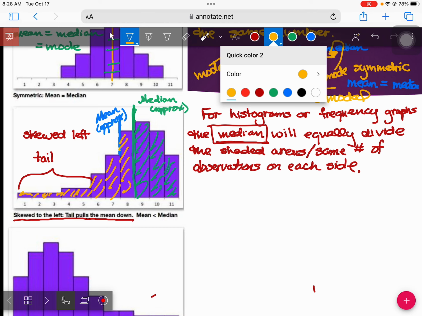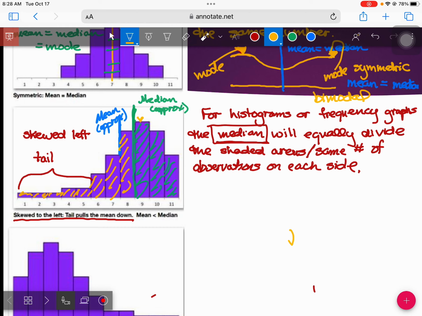Is there a bar that's higher than the other ones? Yeah. So your mode is right here at 9. That one we definitely can tell. Your mode is 9.